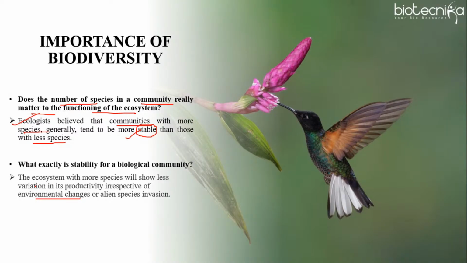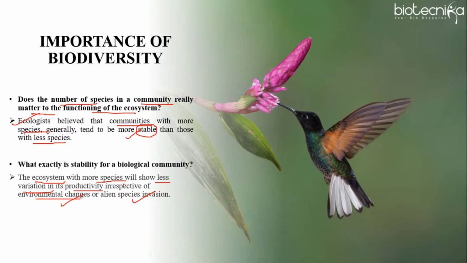It is observed that an ecosystem with more species will show less variation in its productivity, irrespective of any environmental changes that are taking place or invasion of alien species if occurring. Why is it so? More species will show less variation in productivity because they must be either resistant or resilient to occasional disturbances, natural or man-made, and they are even resistant to invasions by alien species.